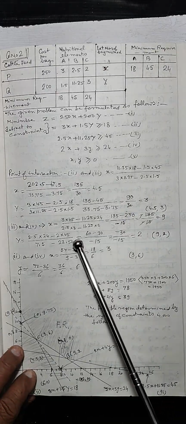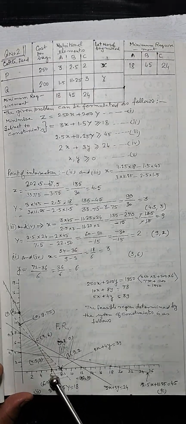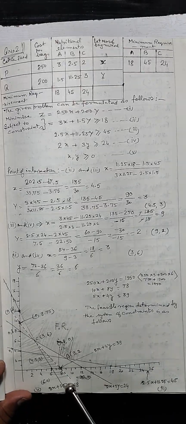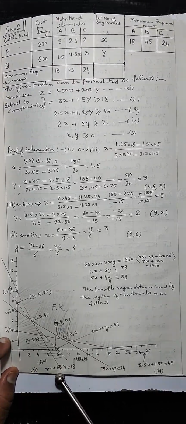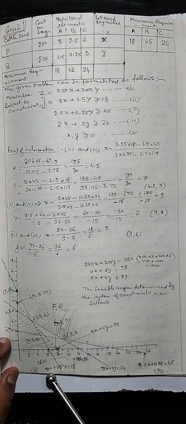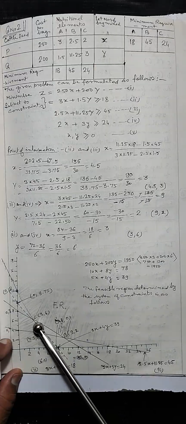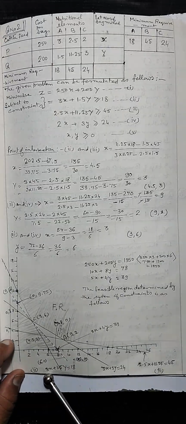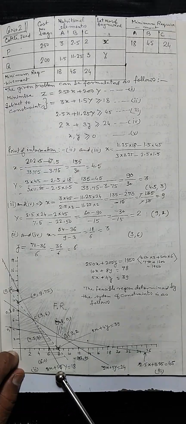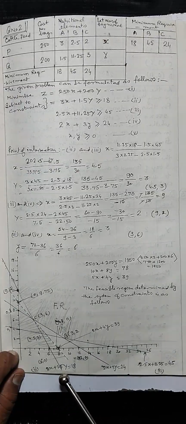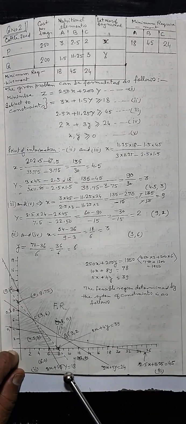Now, with the help of these data, we can draw the graph. You see the graph line here. This is the 3x plus 1.5y is equal to 18 line. Now, in order to find the points on the graph paper, put x equal to 0, you will get the corresponding value of y. And when you put y equal to 0, you will get the corresponding value of x.